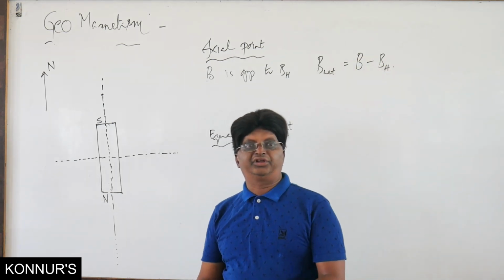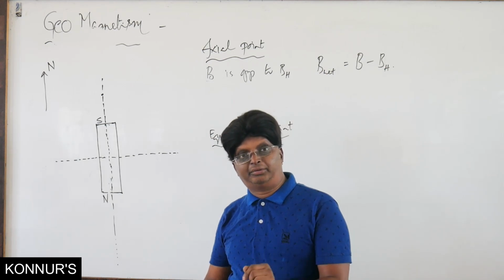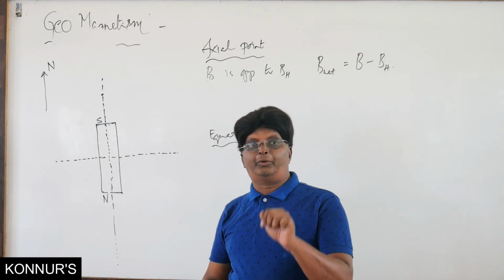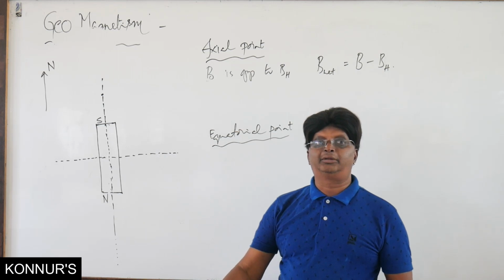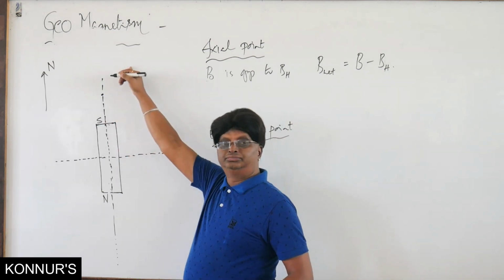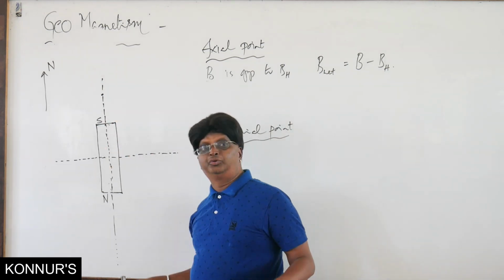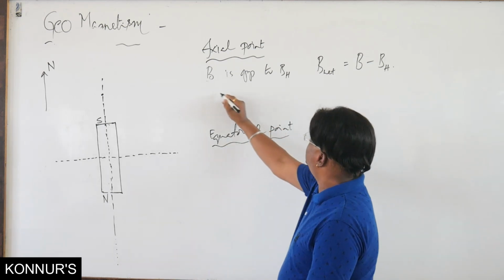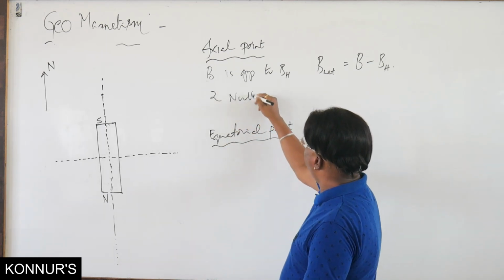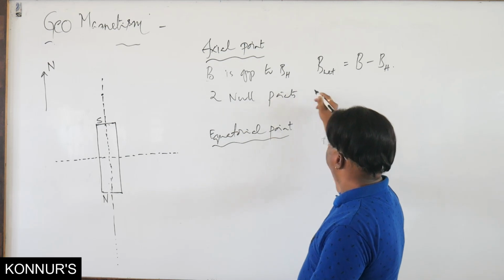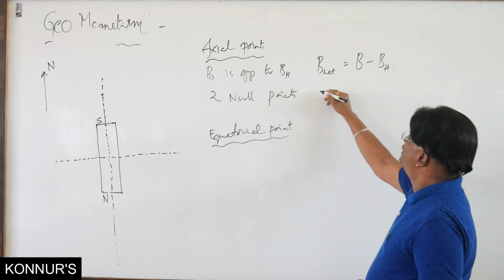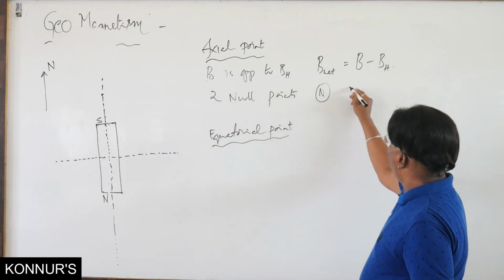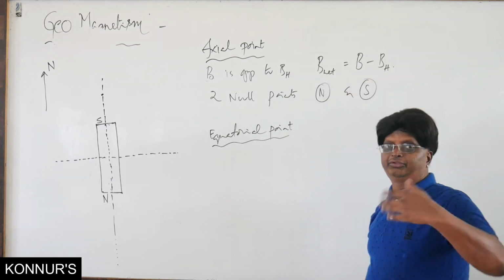And therefore there is the possibility of two null points on the axial line, one due north of the magnet, the other due south of the magnet. Therefore you are getting two null points, one each towards north and the other towards south of the magnet.